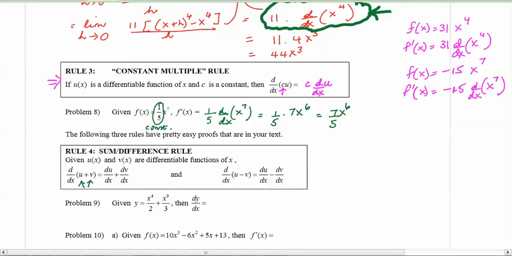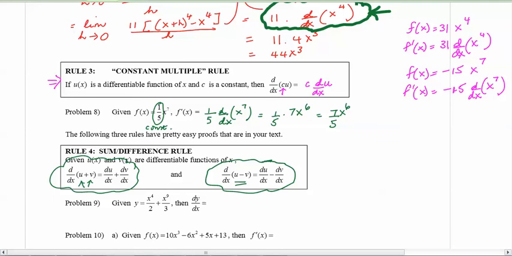The derivative of the sum is simply the sum of the separate derivatives. And if I have the derivative of a difference, well, I just take the difference of the separate derivatives. That's all this is saying. So let's apply that to problem 9.